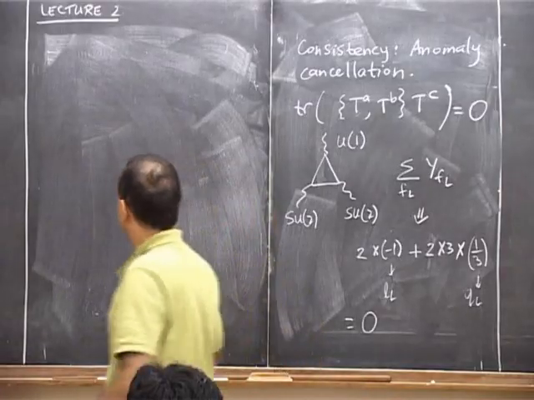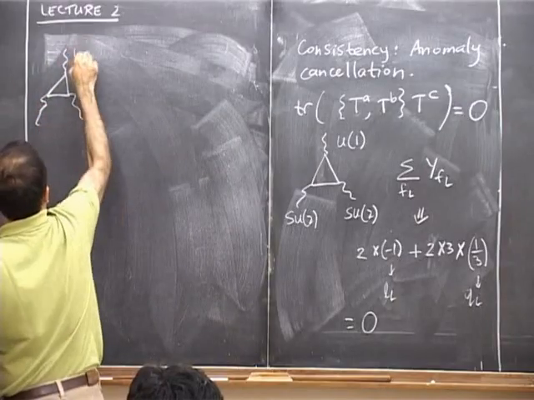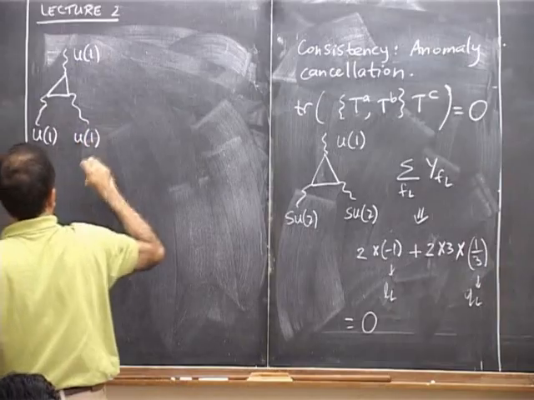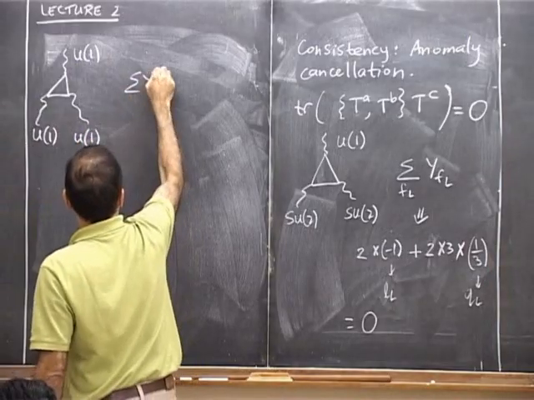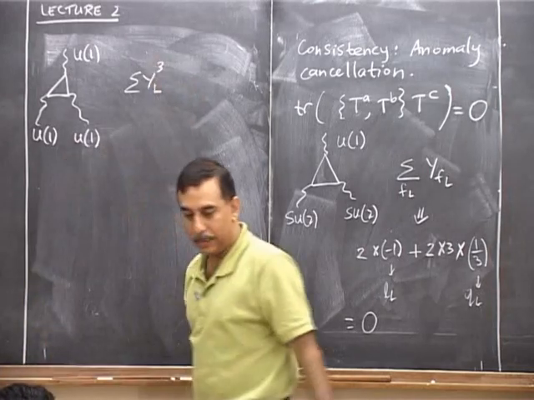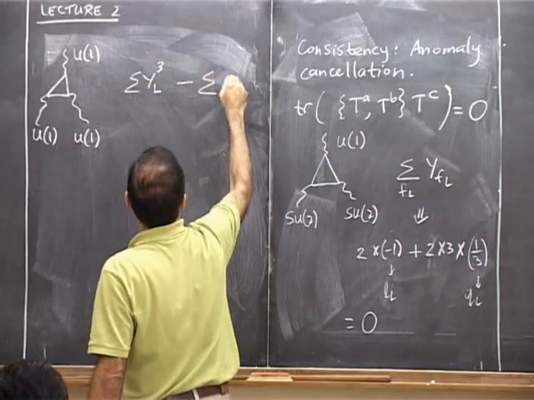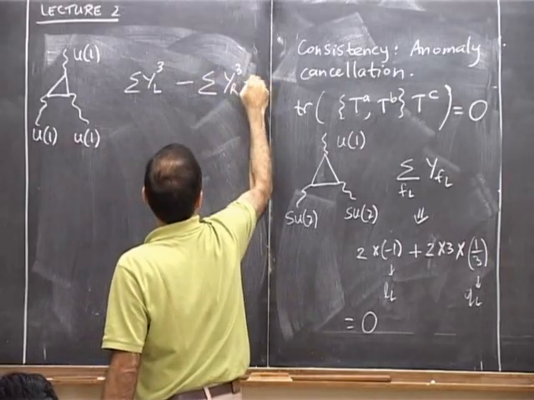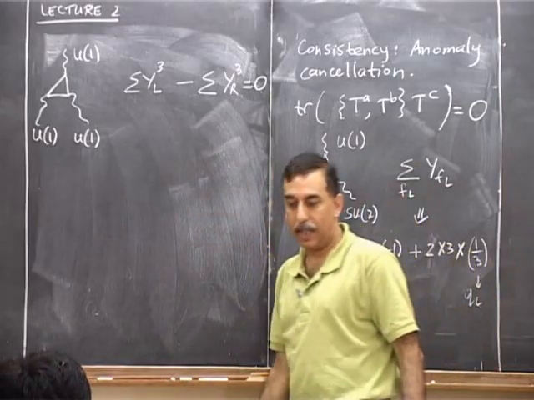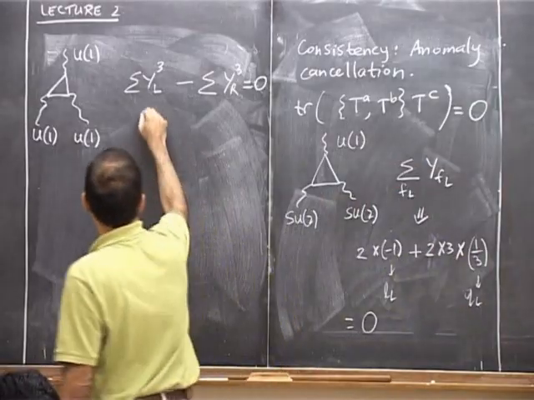Okay. So the other dangerous diagram turns out to be when you have 3 U1 gauge bosons, and then it is a statement that the sum over the hypercharges of the left guys cubed minus the sum over the hypercharges of the right guys cubed is 0. Okay, so let's evaluate this one.